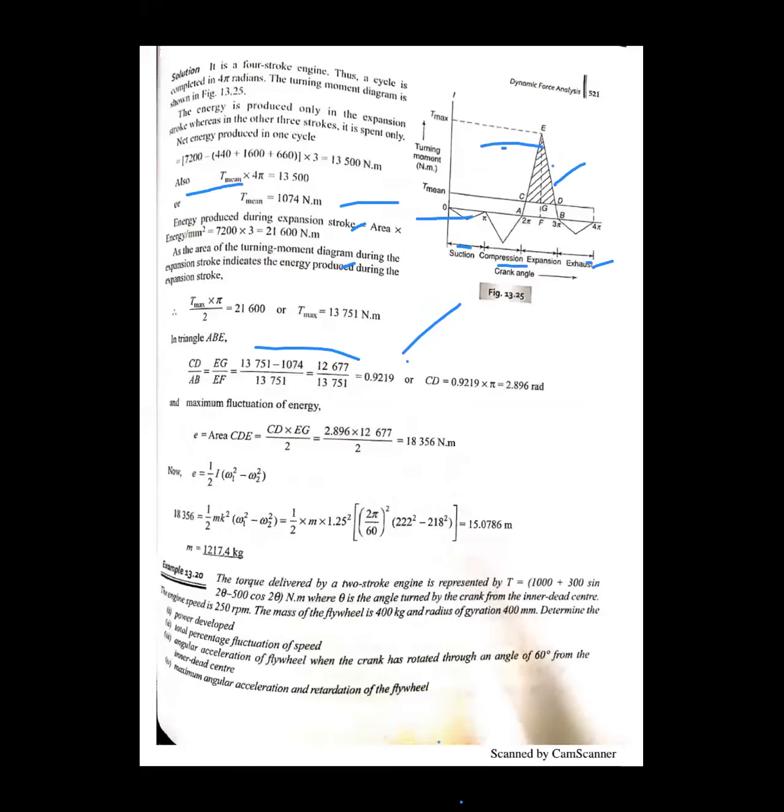So CD equals 0.9219 into pi, which comes nearly 2.896 radians, because AB occupies pi. The ratio EG by EF is 0.9219.